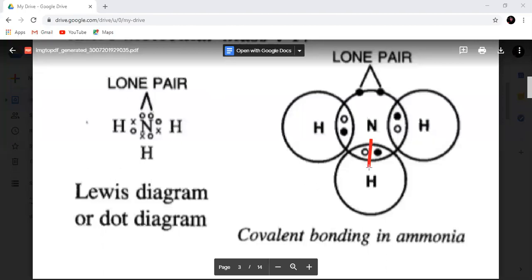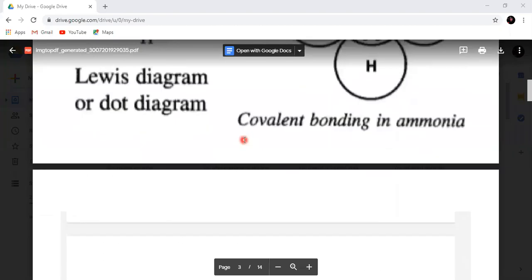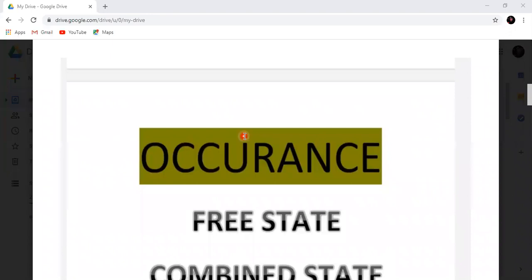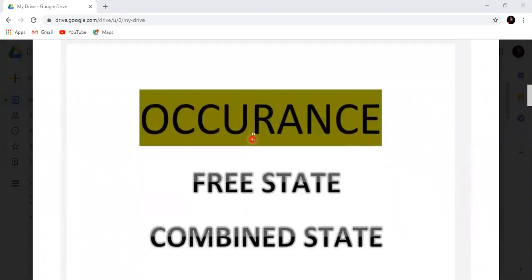One is this, second is this, and third is this one. These are the single covalent bonds formed in case of ammonia, and that is a very important point. Kindly consider it thoroughly.